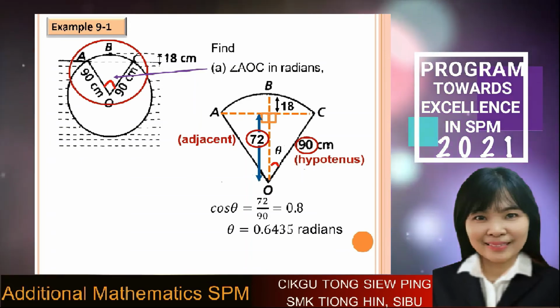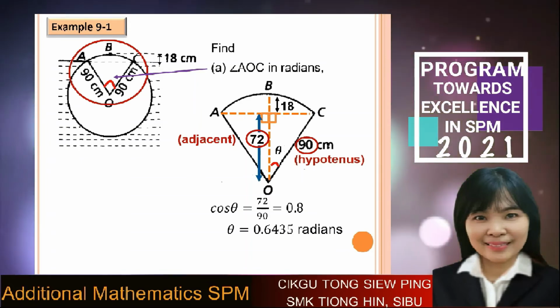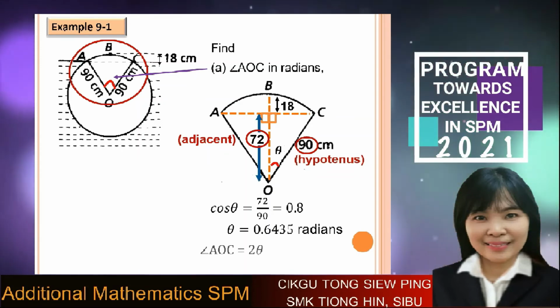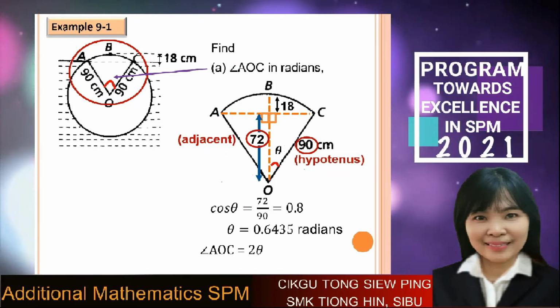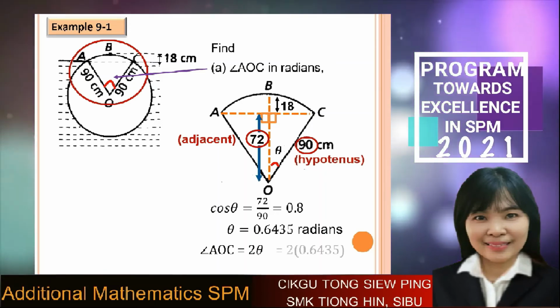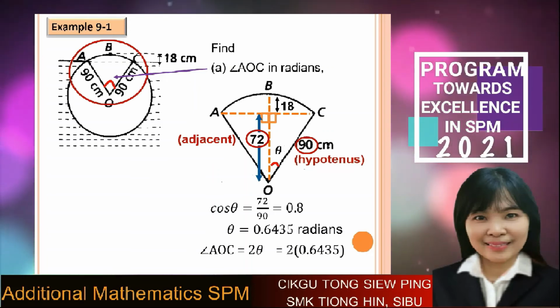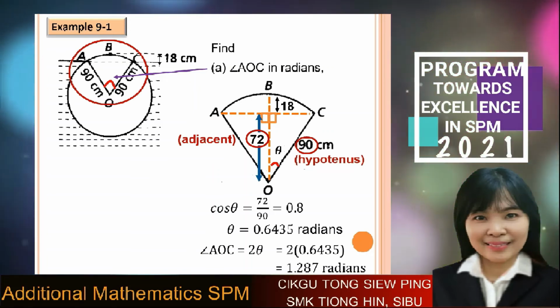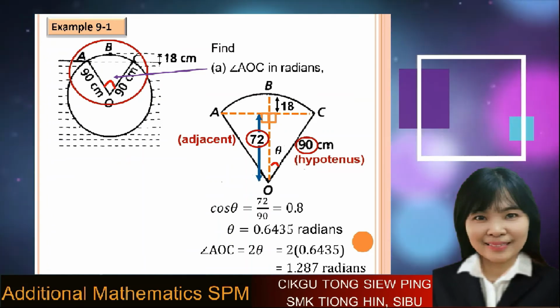Theta is equal to shift cos 0.8, that is 0.6435 radian. The angle AOC is equal to 2 times theta. Therefore, we multiply 2 with 0.6435 and get my final answer, that is 1.287 radians.